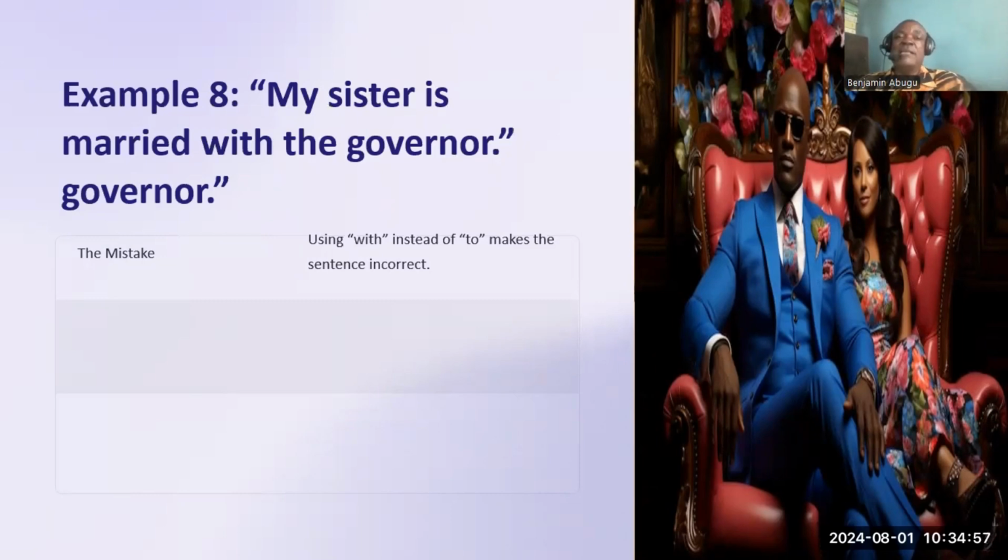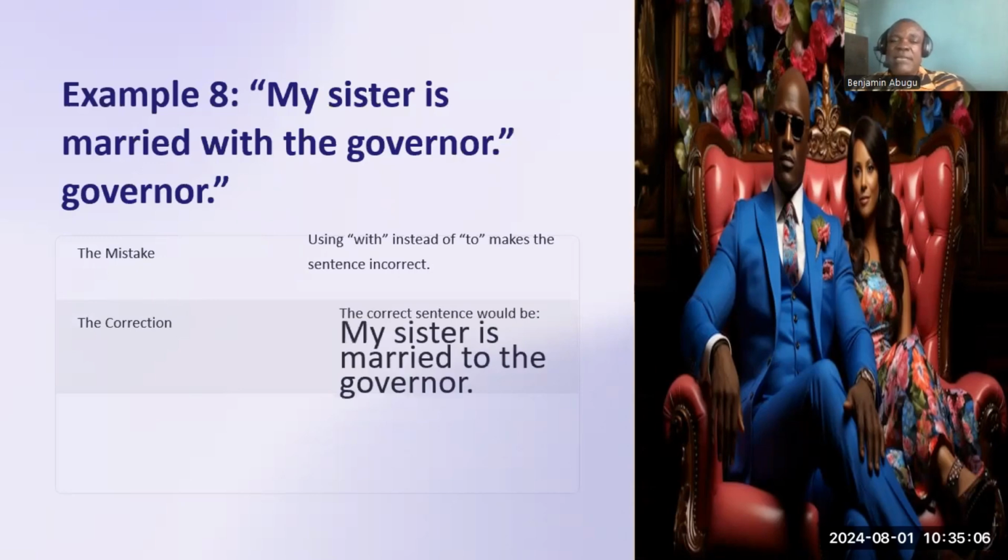My sister is married with the governor. That is grammatically incorrect. Now, the correct sentence would be, my sister is married to the governor. You are married to someone. You are not married with someone. You are married to someone.